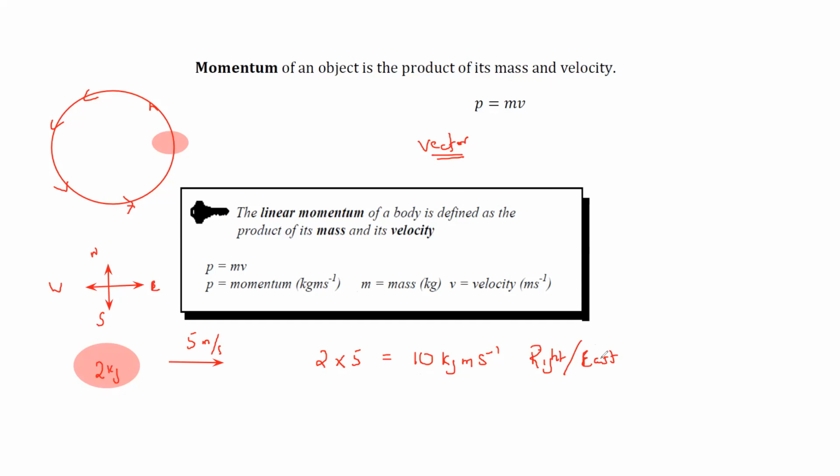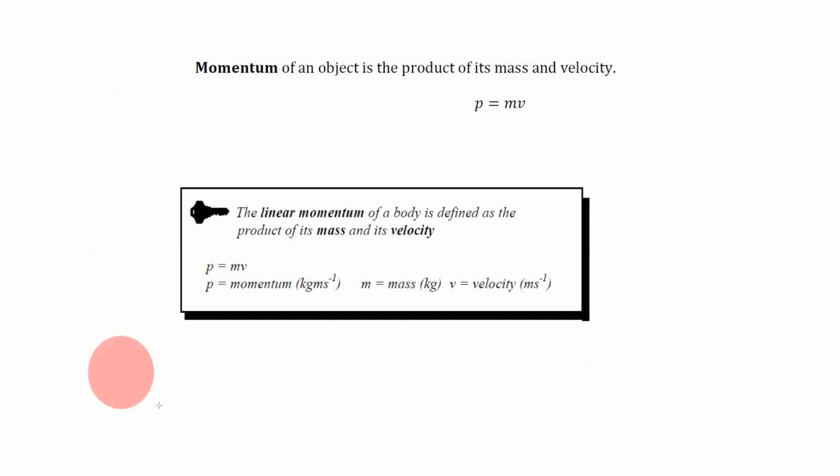Why is it important to know the momentum of an object? Because using the momentum you can identify which object will exert greater force, or which object will have a greater effect or impact when it collides with other objects. For example, we have two objects.